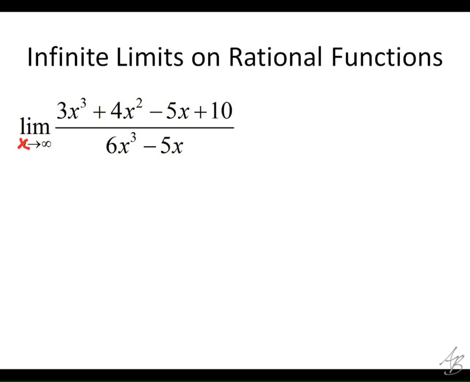So what I'm really doing is multiplying each of those by 1 over x cubed. This is going to change the look of it, but since we're multiplying the numerator and the denominator by the same thing, it's fine. Now, one thing I want you to notice is that what I'm really doing is multiplying by 0.